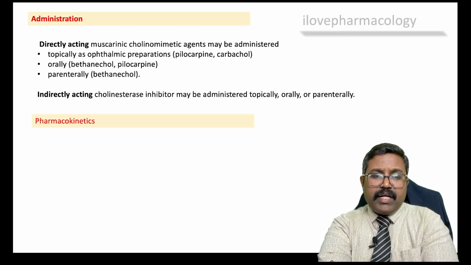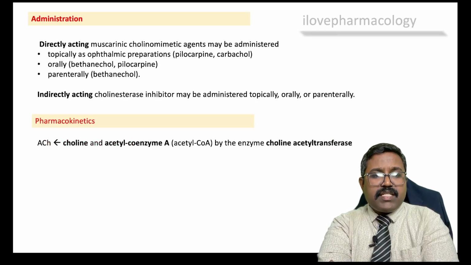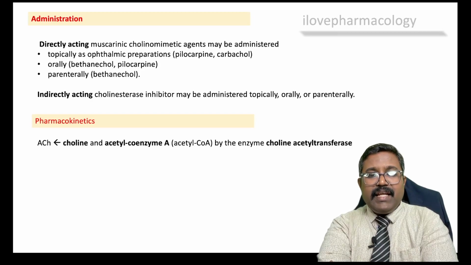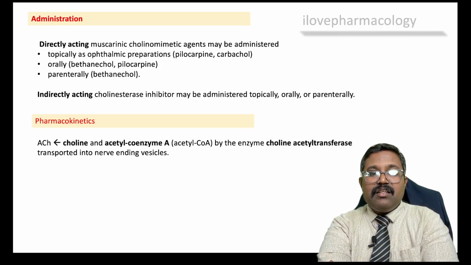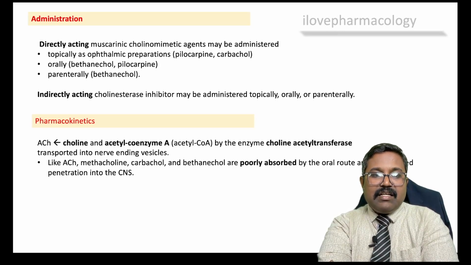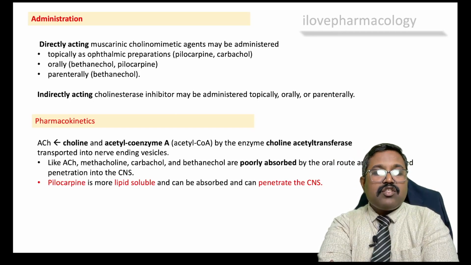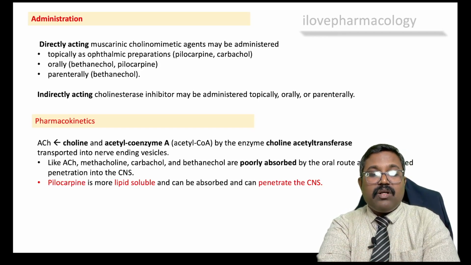So coming to the pharmacokinetic part of acetylcholine. Acetylcholine is formed from choline and acetyl coenzyme A with the help of the rate limiting enzyme, choline acetyltransferase, which finally gets stored in the nerve ending vesicles. Like acetylcholine, even methacholine, carbachol and bethanechol are poorly absorbed from the oral route and have limited penetration to the CNS. Pilocarpine, being lipid soluble, can easily penetrate the blood-brain barrier.